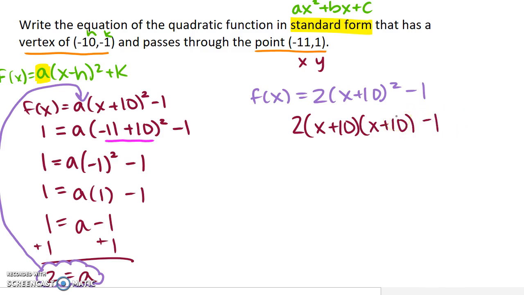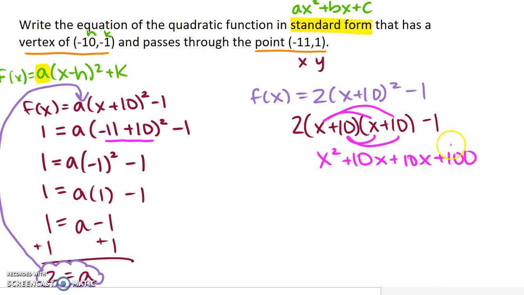From here, I would recommend to distribute this out. So take your x, distribute it to x, so you'll get x squared, x to 10 to get 10x, and then 10 to x, 10x, and then 10 to 10 would be 100.